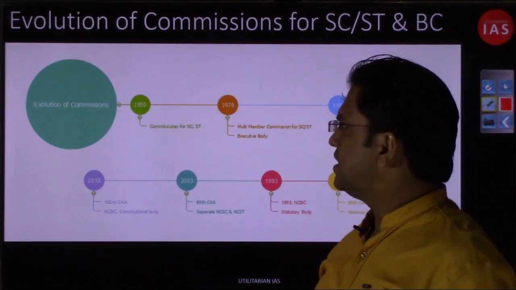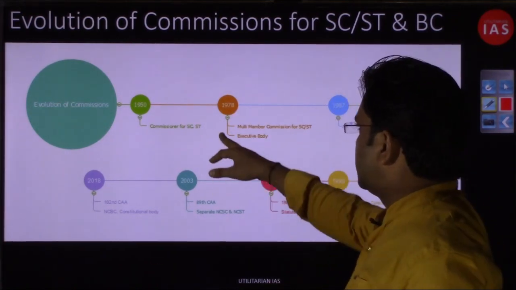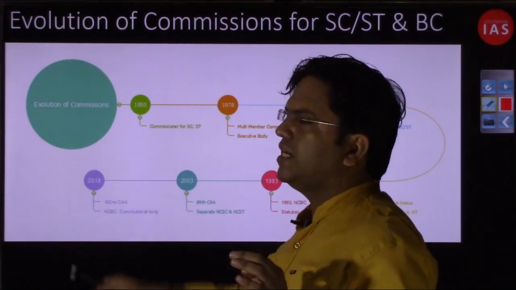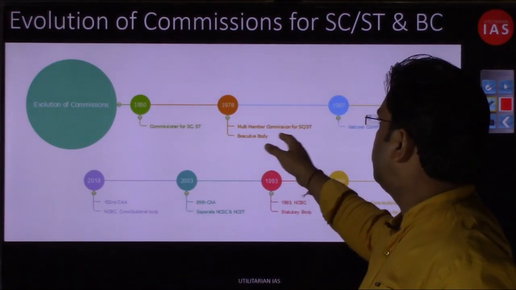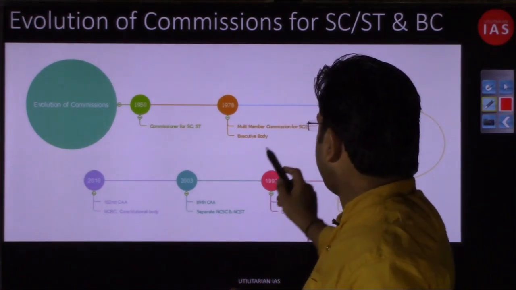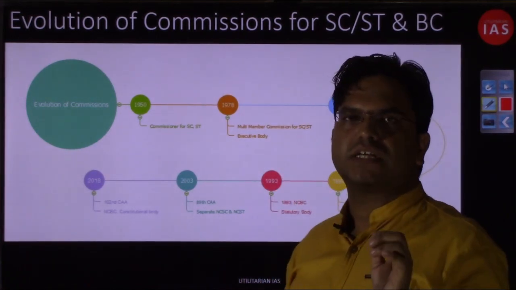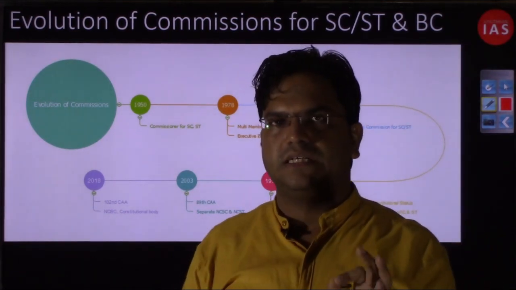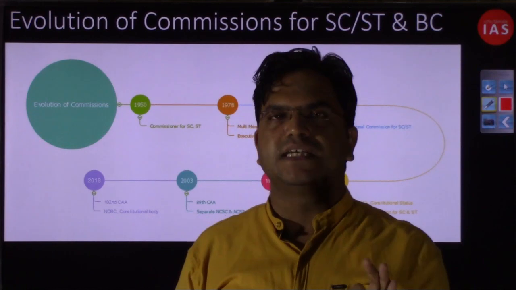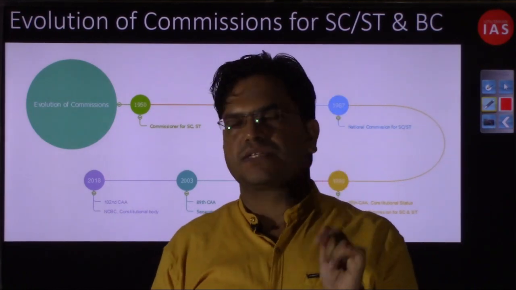Now come to 1975. This special commissioner was a single member body until 1978. It was converted into a multi-member body, called the National Commission for SC and ST, and it was granted executive body status. I hope you know the difference between an executive body, a statutory body, and a constitutional body.